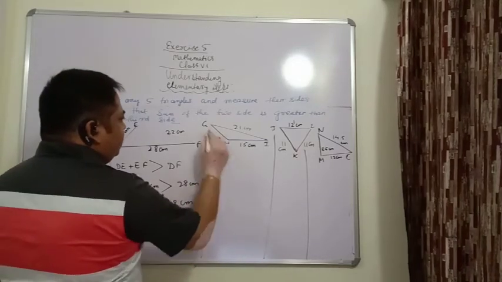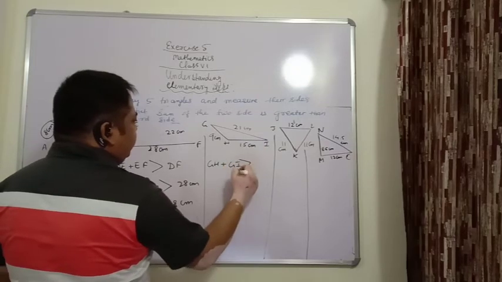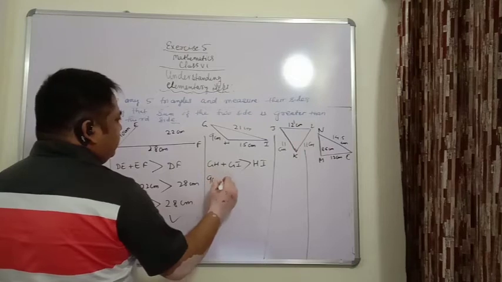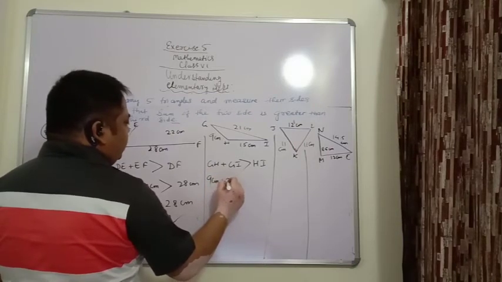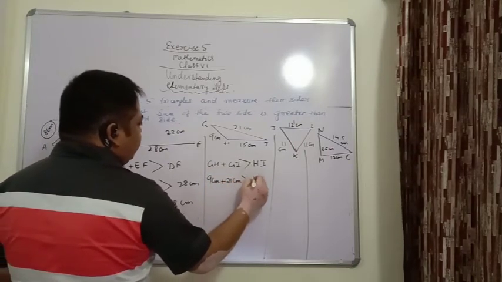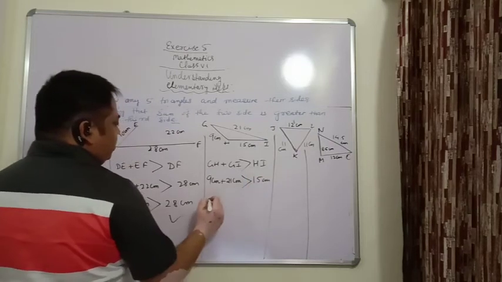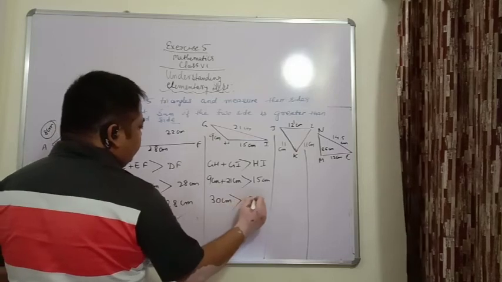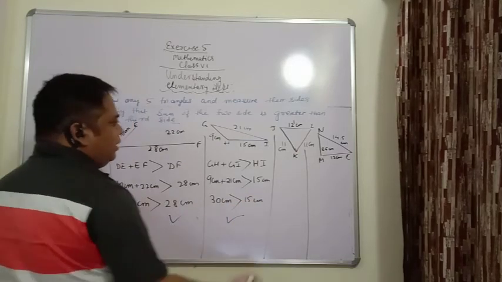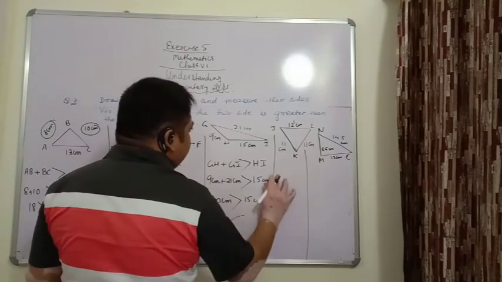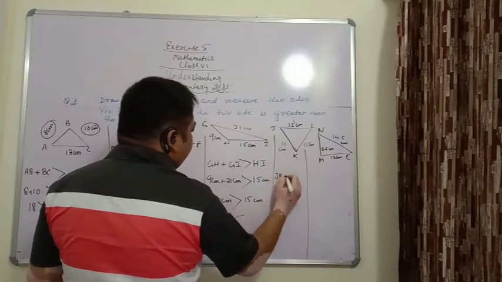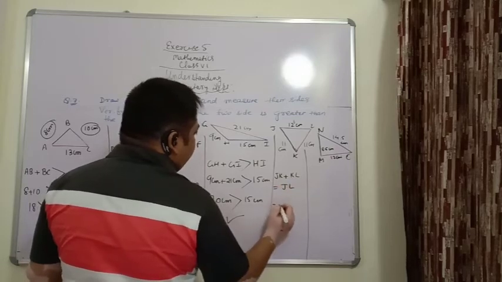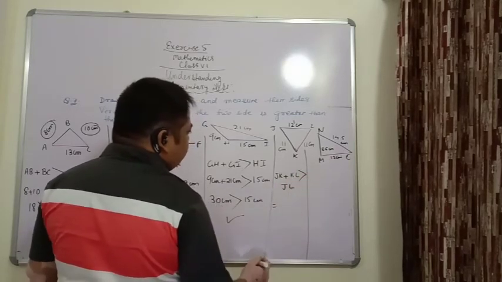Next, GH plus GI should be greater than HI. Let us see, GH is equal to 9 centimeter, GI is equal to 21 centimeter, should be greater than 15 centimeter. This is equal to 30 centimeter. Yes, greater than 15 centimeter. Verified. In this case, JK plus KL should be greater than JL.